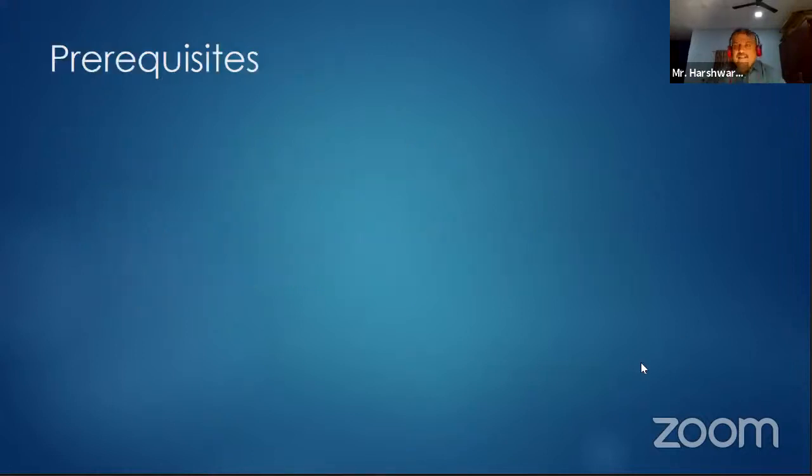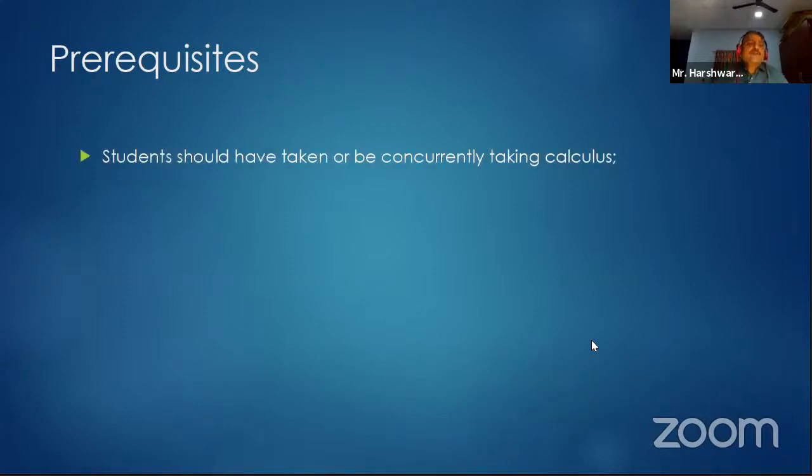What are the prerequisites for taking the AP Physics C Mechanics? Students should have taken or be concurrently taking the calculus part as well. Over and over, we've been repeating that it is basically a calculus-based paper. Therefore, you must show your proficiency in the calculus portion as well.